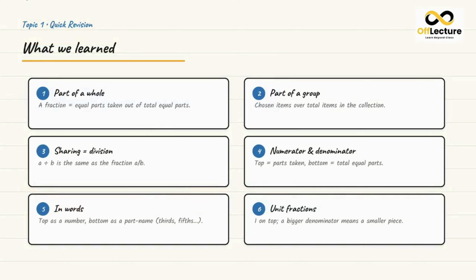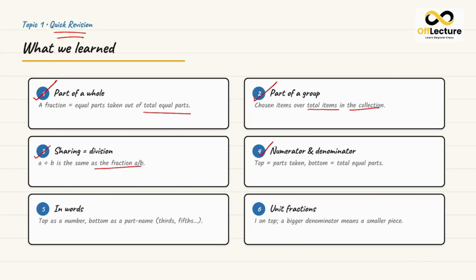So what we learned, let's do a quick revision. We have learned part of a whole, that is, a fraction equals equal parts taken out of total equal parts. Then we understood part of a group, that is, chosen items over total items in the collection. Then the third, sharing equals division, that is, a divided by b is the same as the fraction a over b.